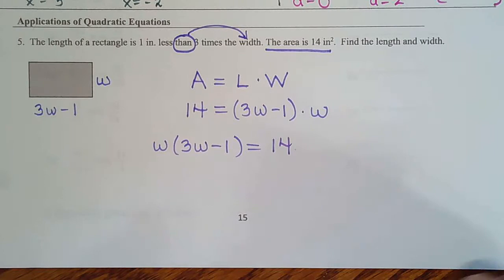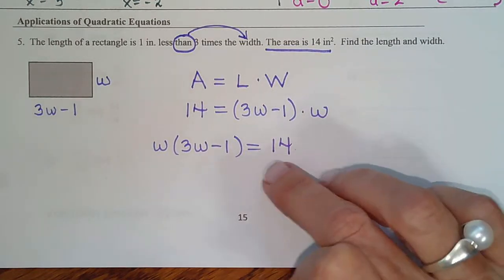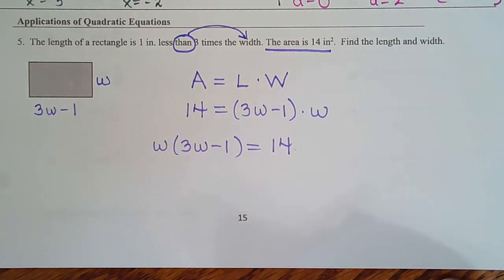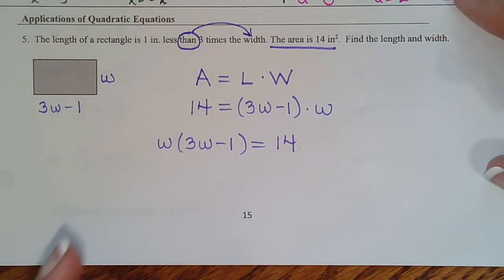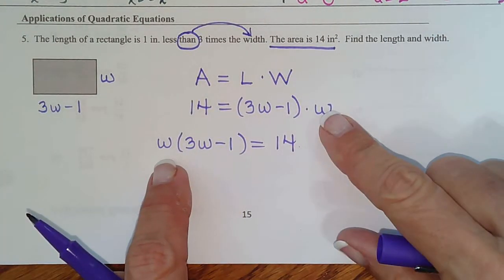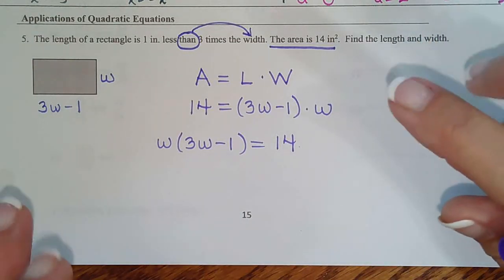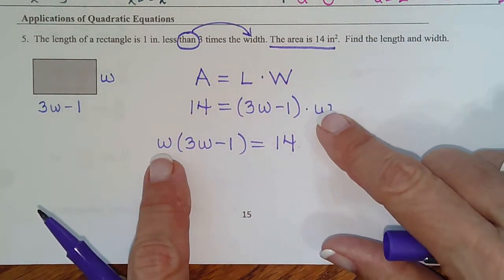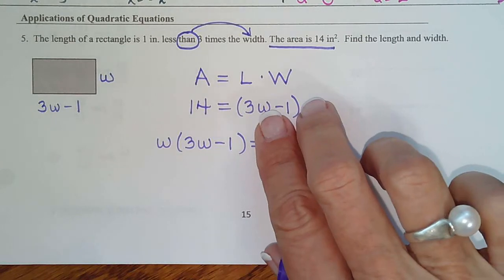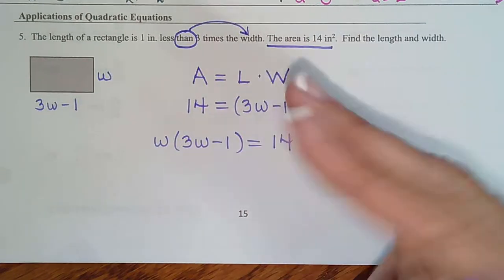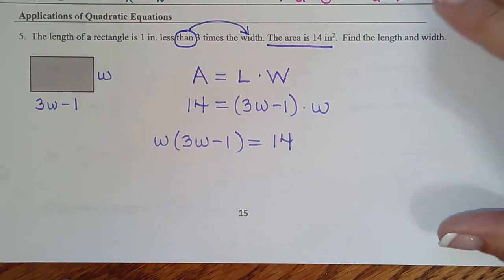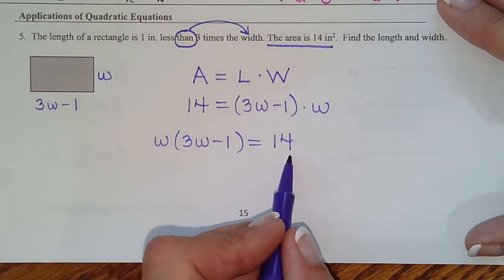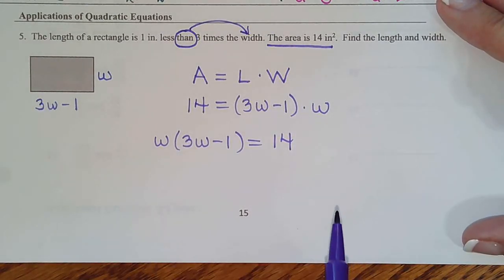The word problem one is more like one on the back page, but the working out of this and solving the quadratic is very much like one on the test. So I just flipped it around: W times 3W minus 1, in order can be flipped because this is multiplication, equals 14. I put my constant over there.